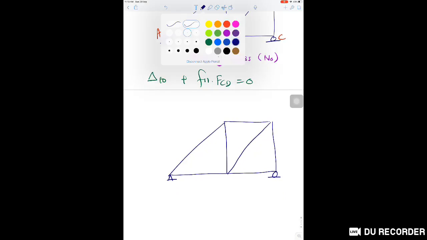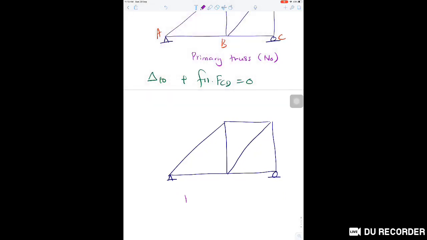So in this case, this is the redundant truss, FCD applied. Since FCD is a member force, we have removed member CD in the primary truss. So for the redundant truss, we have to apply a unit value, a positive value of FCD like this.